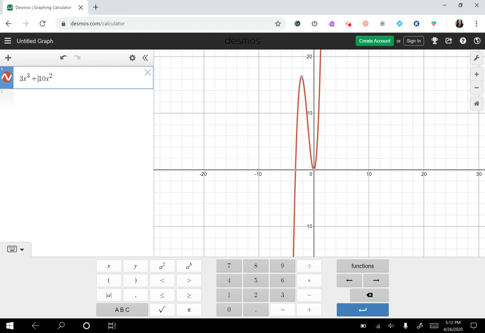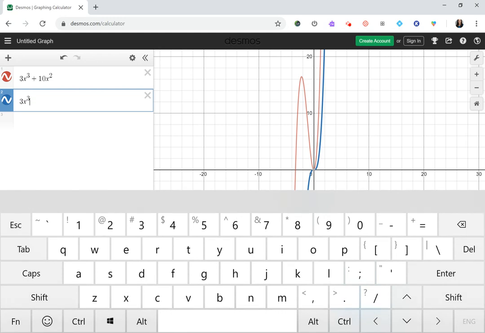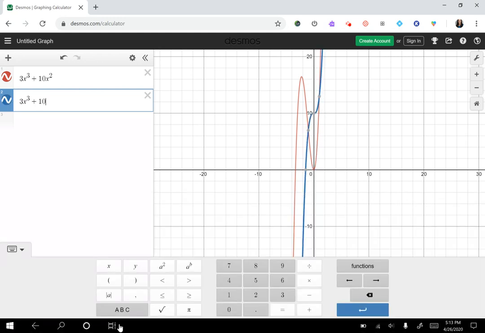So it's really important that you recognize that the end behavior is solely determined by the degree and the leading coefficient. So if I were to even rewrite this equation, just so you guys can see what happens here, 3x to the third. So we'll make it squared. Go back over there. 3x to the third, and then we make it positive 10x squared.